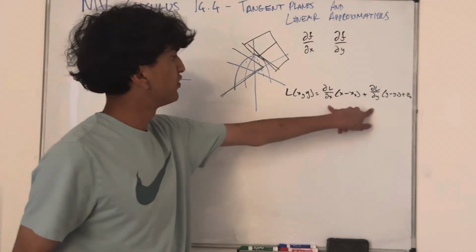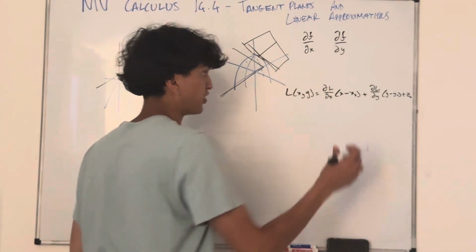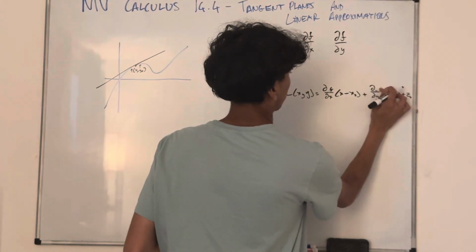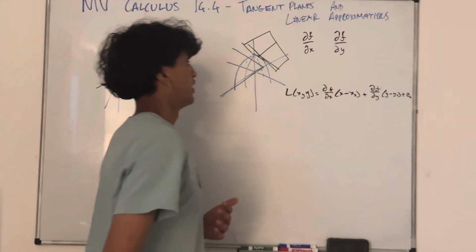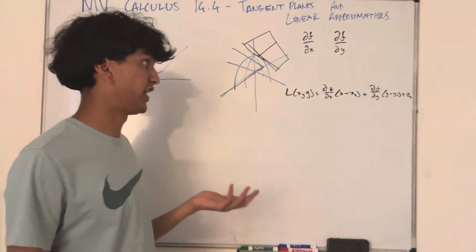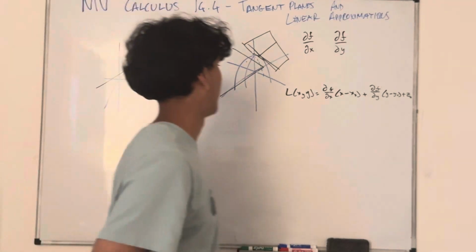The derivatives of the plane match up with the partial derivatives of the function at tangency. And then you need to know the point where the plane will be tangent with the function.